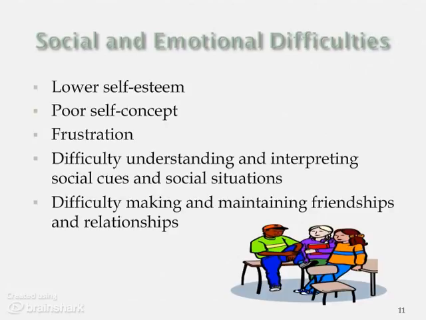Obviously, students who are younger tend to have less of these issues because they haven't had to struggle for so long, but by the time kids are in middle and high school, you may see an increased level of frustration and kind of apathy towards school in general. These students may, like I mentioned earlier, have difficulty with social cues and making friendships. So it's important to remember that your students with learning disabilities, even though their disability is academic in nature, the trickle down does go into the socialization as well. So sometimes they need support with those relationships with peers.